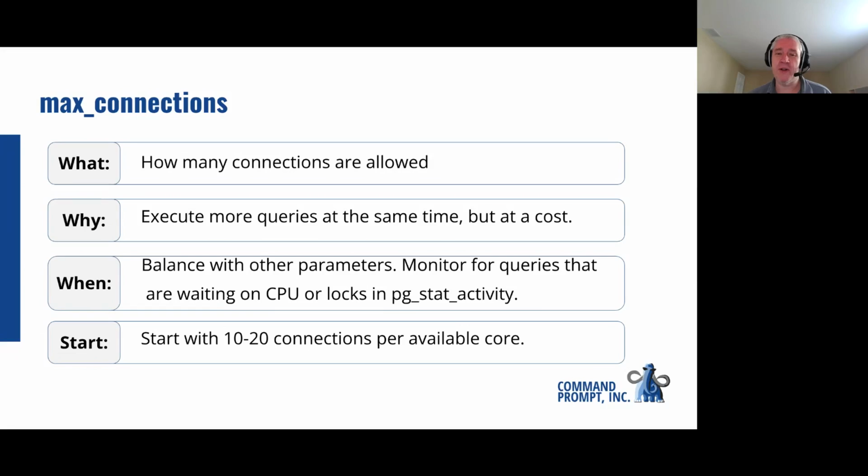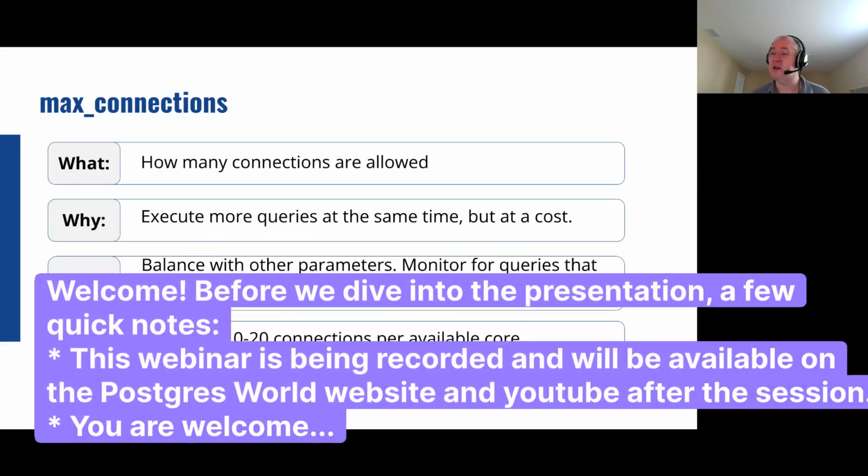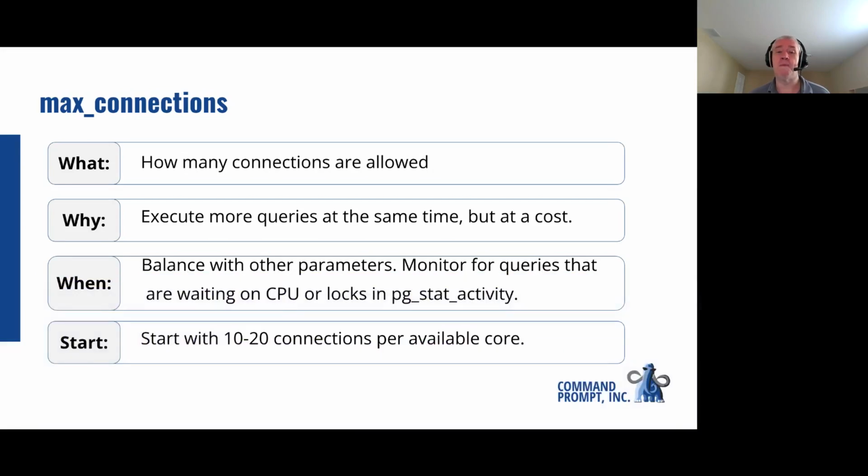Because if you think about it, if we have a 16 CPU machine, which is reasonably sized these days, and you have 10 connections per CPU, that's 160 connections total.